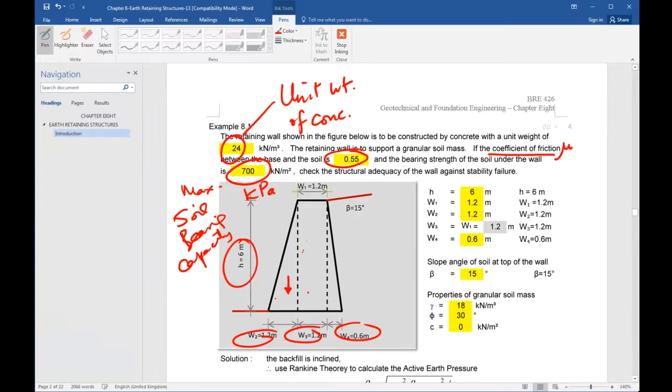So you've got W1 here, W2, so that is W2.